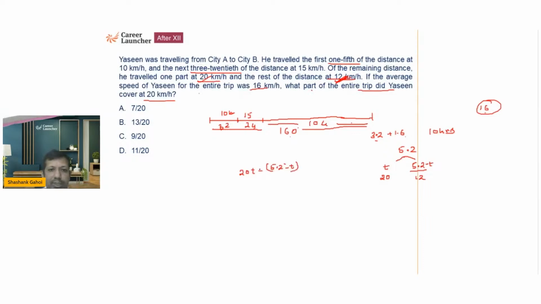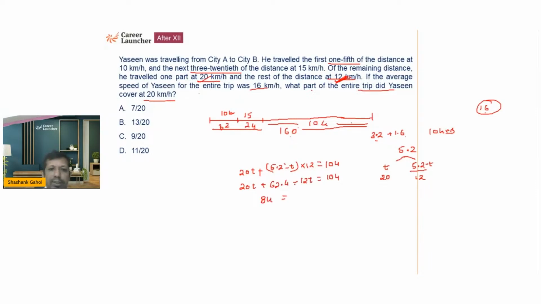Sorry, this is plus. Speed into time will give you distance, and that is equal to 104. So I am going to get 20T plus 62.4 minus 12T, and that is going to be 104. So from here I am going to get 8T.